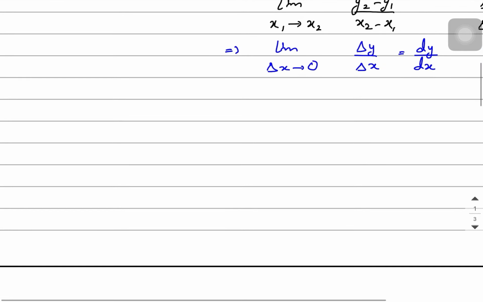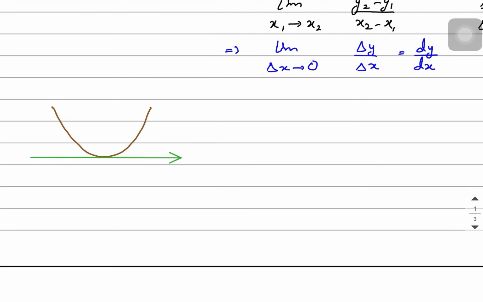So let us take an example. Let's say we have a quadratic curve. So this is our x-axis, this is our y-axis. So let's say this is x equals 2, this is y equals 4.